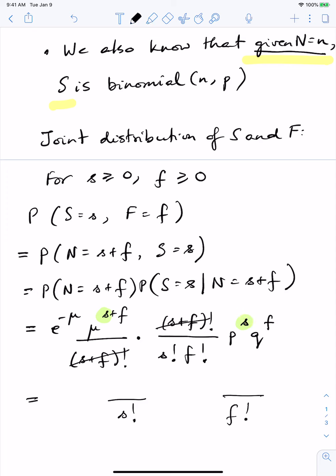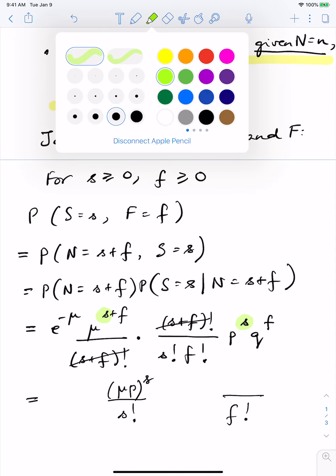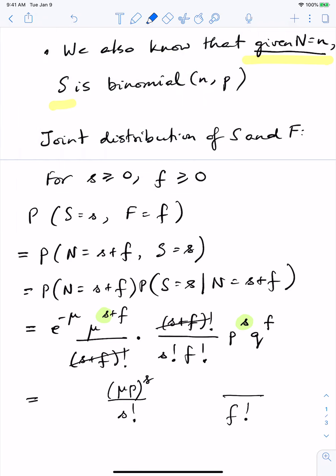So mu to the power S times p to the power S is mu p to the power S. And so also we have mu to the power F and q to the power F. And so we have mu q to the power F, and the only thing that is left now is this factor of e to the minus mu.